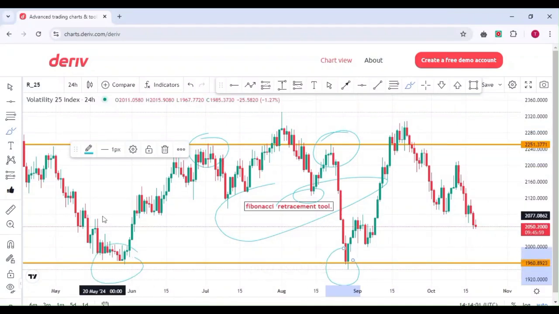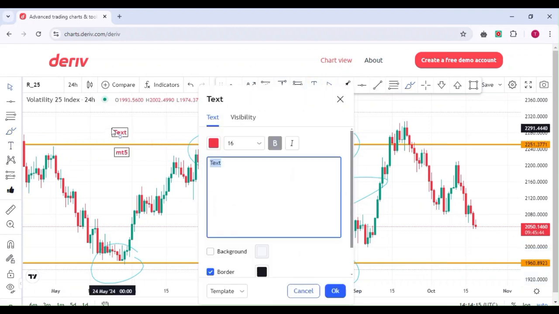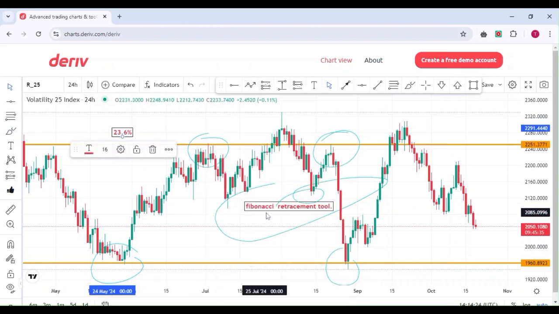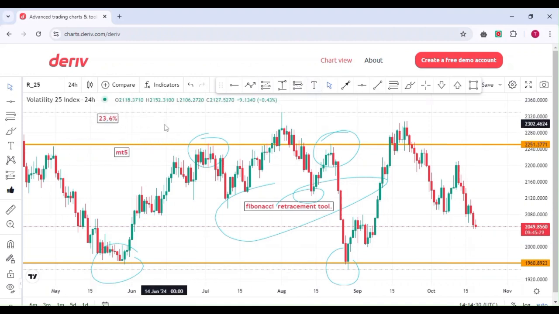Traders identify these potential support and resistance levels in price movement, and it's normally based on the Fibonacci sequence with key levels. Number one, we have the 23.6%. That's the first key level we normally look at, and I will show you how it behaves.